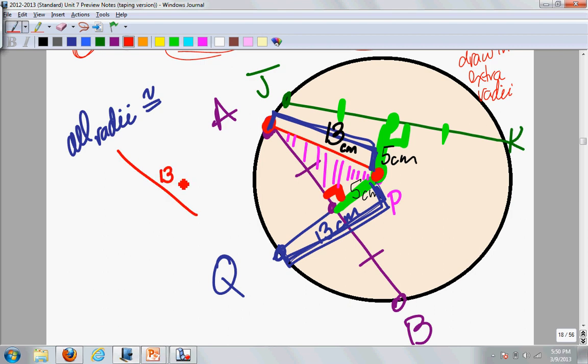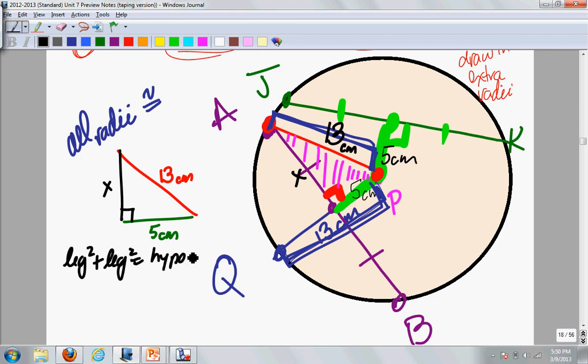So now look what we can do here. We have 13 centimeters. We have 5 centimeters. And we don't know this piece here. We're going to call it X. You should recognize that we have a right triangle here, 2 sides, so we're going to use leg squared plus leg squared equals hypo squared.